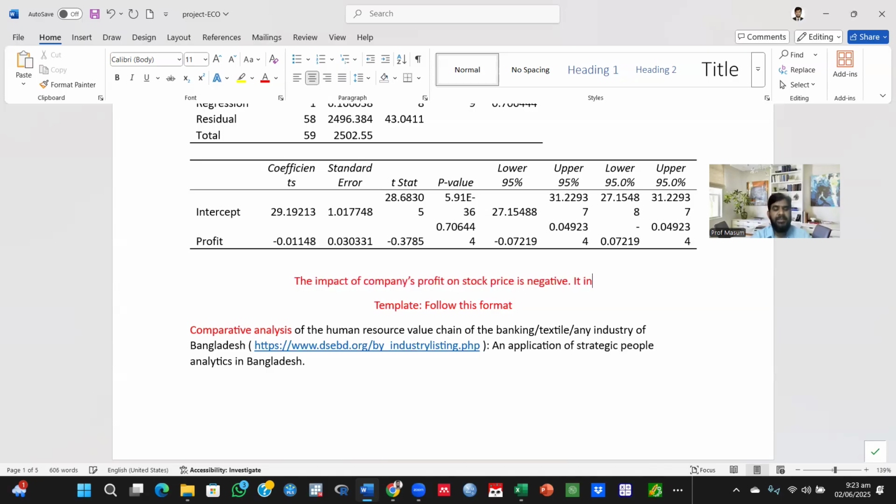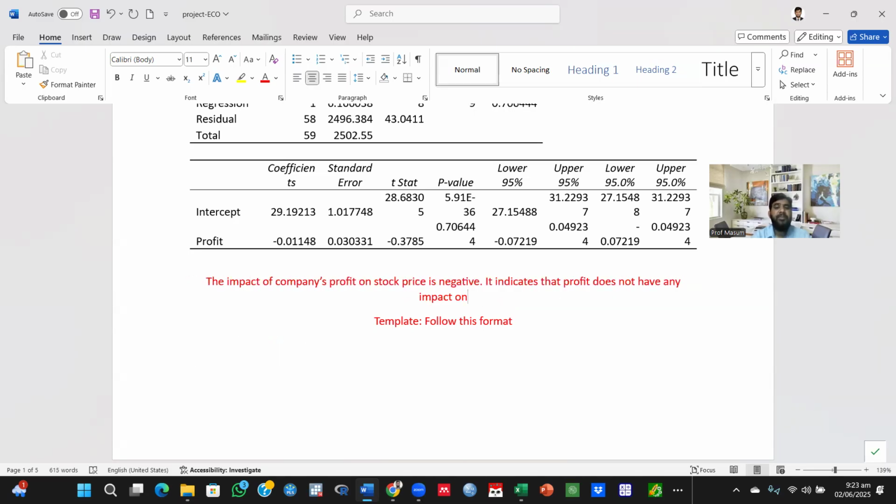It indicates that profit does not have any impact on the market performance of the company. Stock price is market performance. Market performance of the company or companies in Bangladesh.